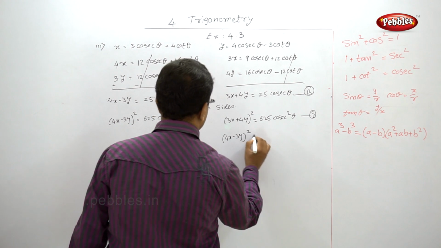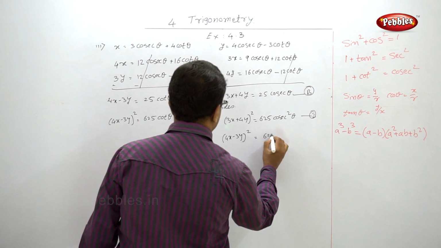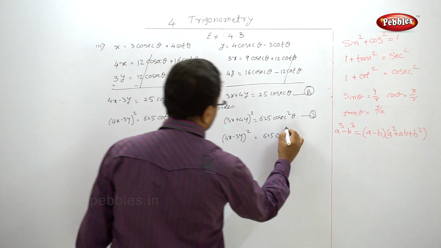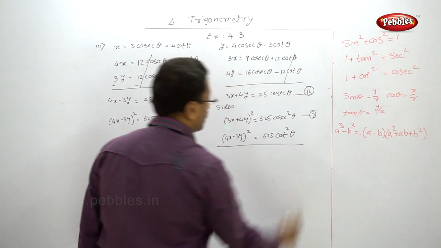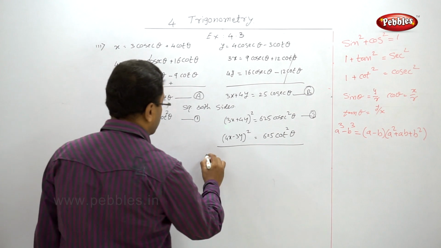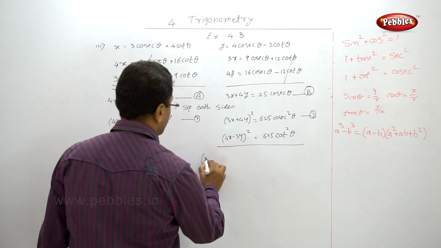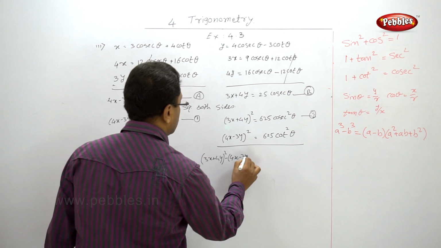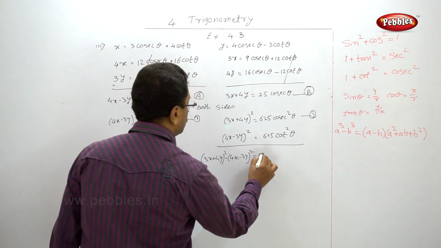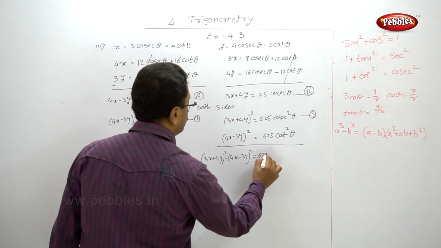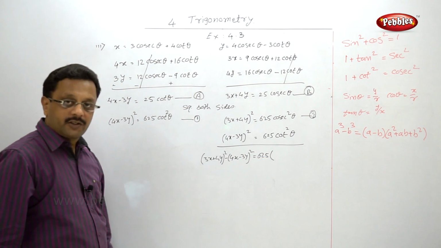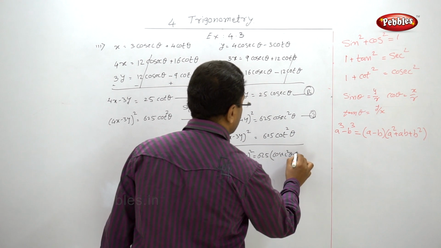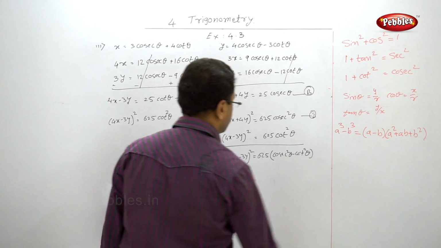So finally I will get (3x plus 4y) square minus (4x minus 3y) square is equal to 625 into (cosec square theta minus cot square theta).